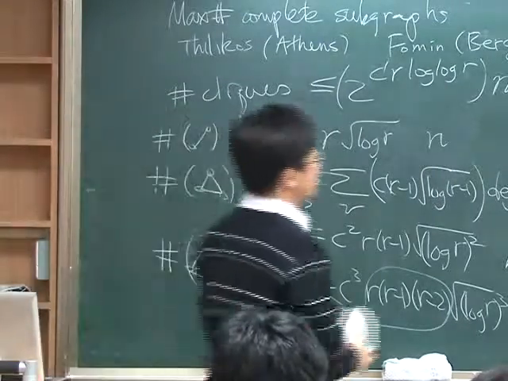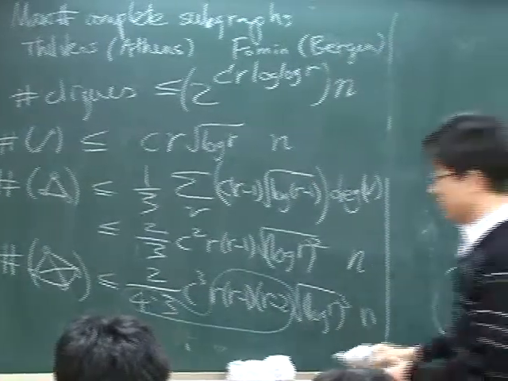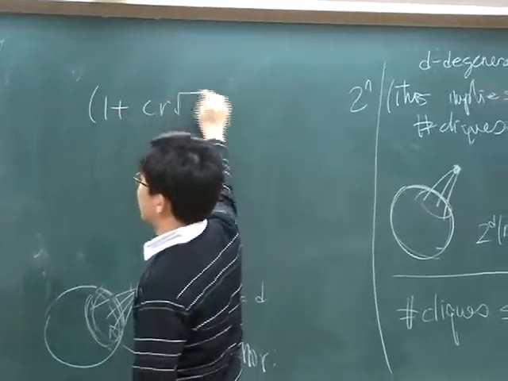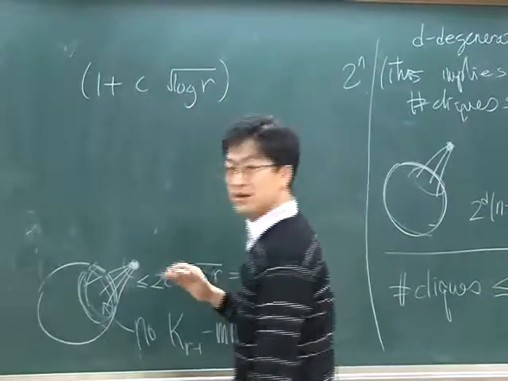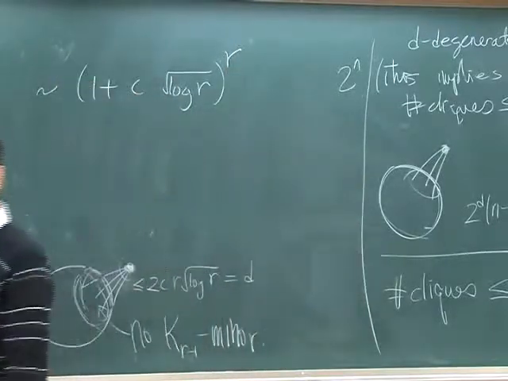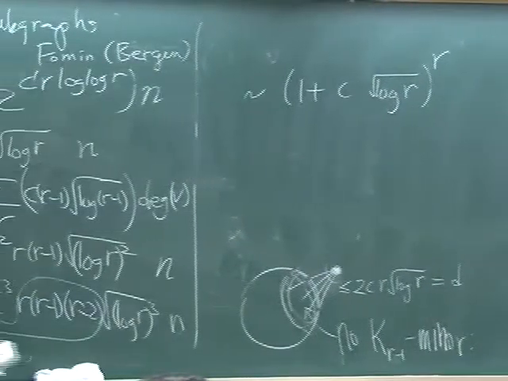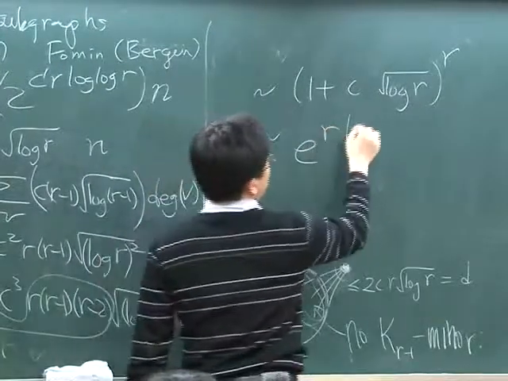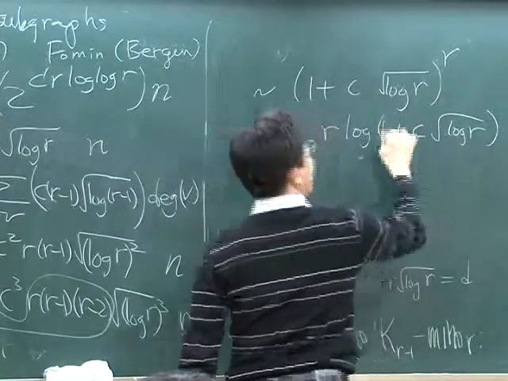So I will be just rough, but roughly speaking, when you sum up, you get something like 1 plus constant r square root log r, to the r, something like this, if you calculate enough. So what is this? This is about e to the r log of 1 plus constant square root log r.